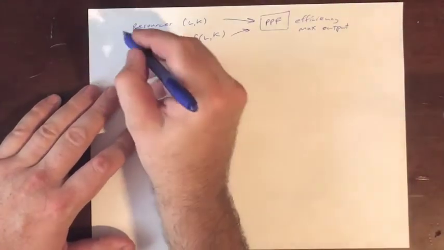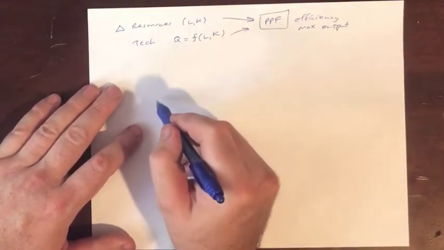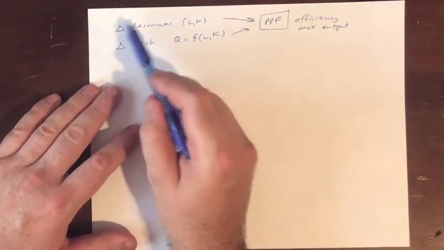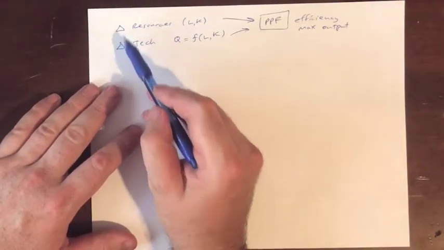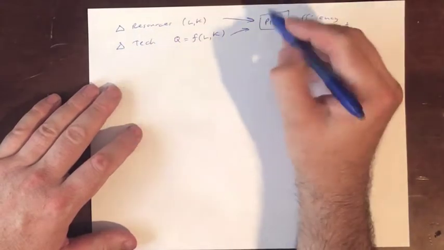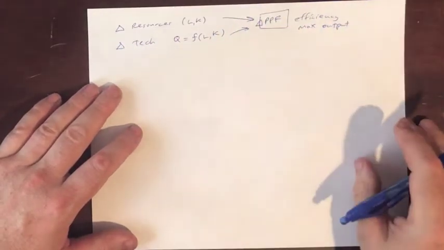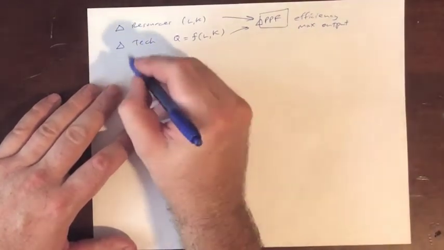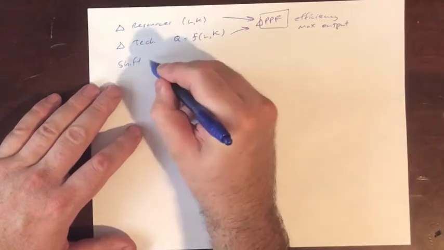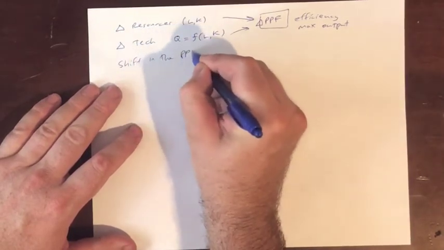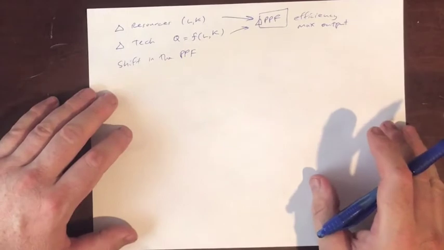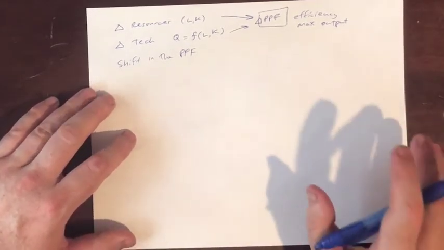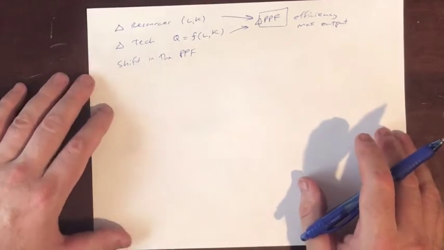Well, then it would stand to reason that a change in resources and/or a change in technology (this little triangle is delta, a change in) is then going to lead to a change in the production possibilities frontier, okay? And we would depict that by showing it as a shift in the production possibilities frontier. It's a shift in the PPF. It's caused by a change in resources or a change in technology.